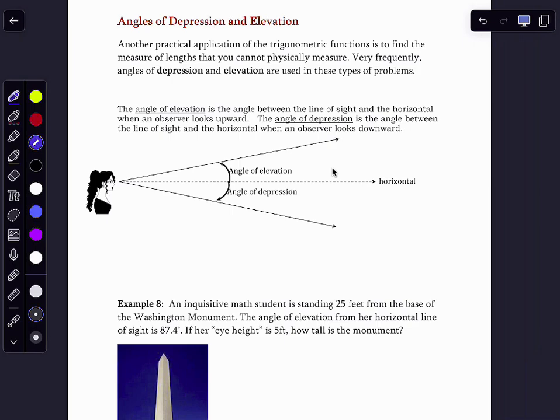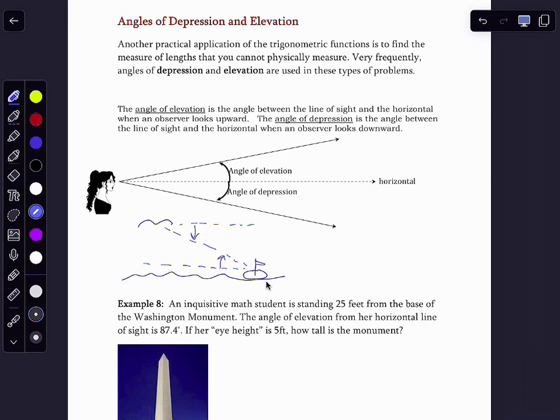So let's say you have a boat and you have a bird, okay? The person in the boat is looking up, so that would be an angle of elevation, right? This is horizontal for the boat person, and they're looking up. The bird, horizontal would be over here, and they'd be looking down.